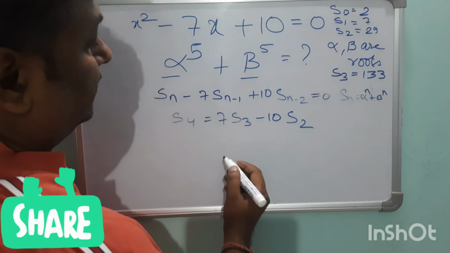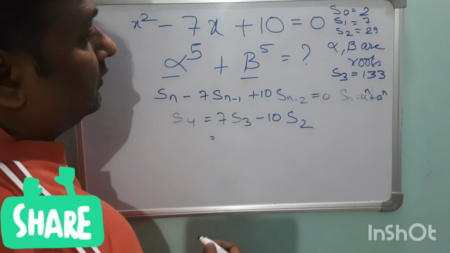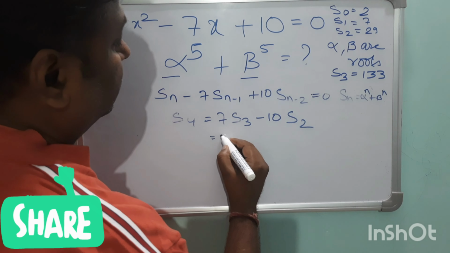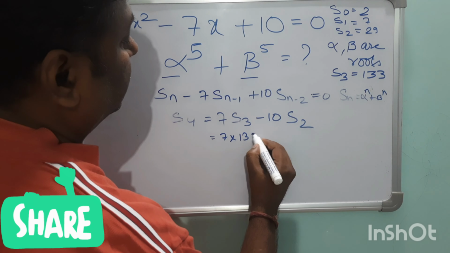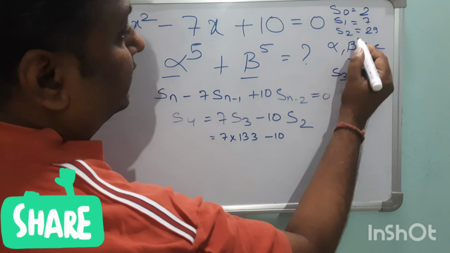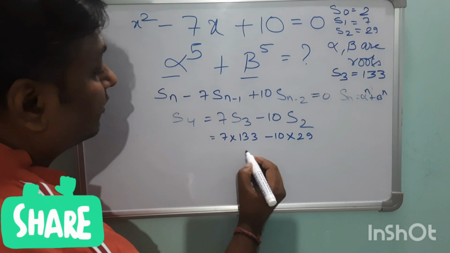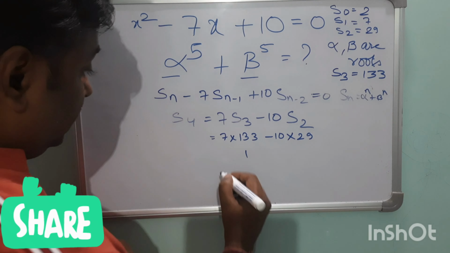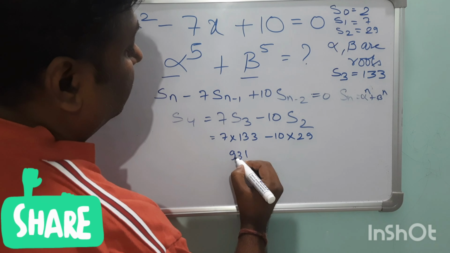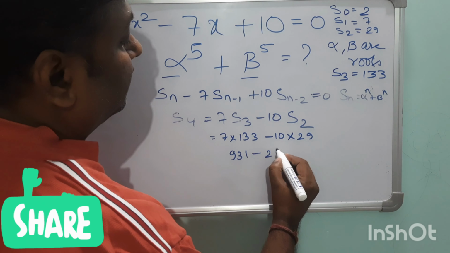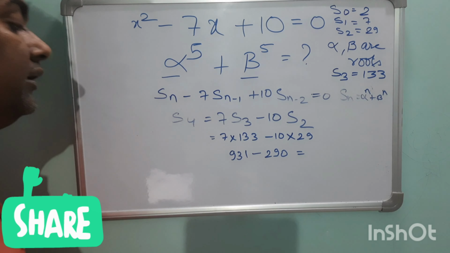So we will take 133 into 7 minus 10 into 29, that is 290.